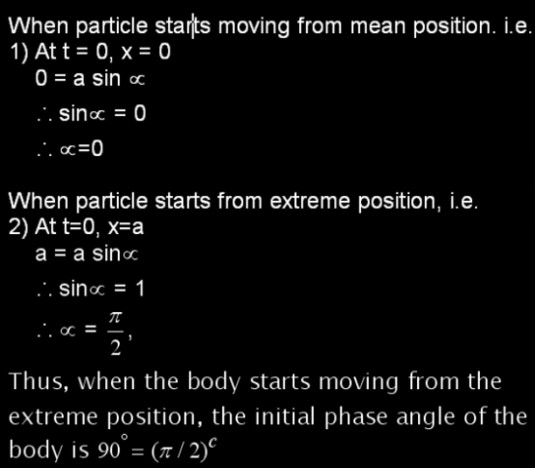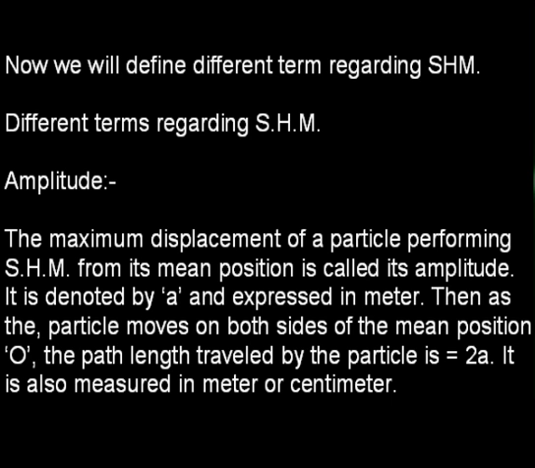When the particle starts from the extreme position, that is t is equal to 0 and x is equal to a, we get the value of alpha as pi by 2. Thus, when the body starts moving from extreme position, the initial phase of the body is 90 or pi by 2 radian. Now we will define different terms regarding SHM.